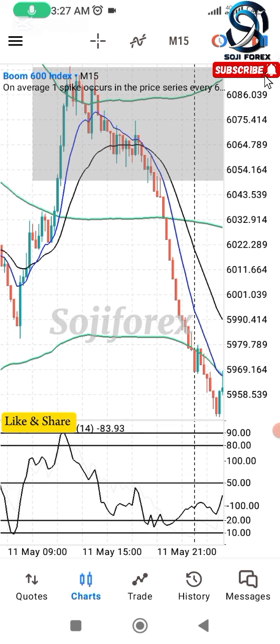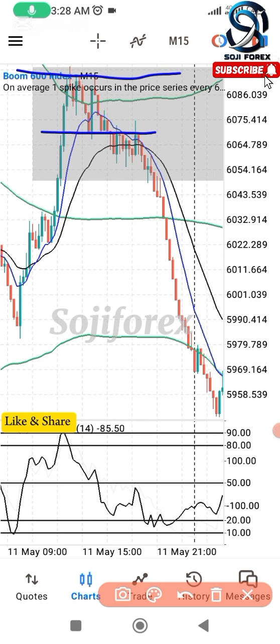Remember I said when price is around the upper Bollinger Band is through the strength, but when you are trading in line with the trend and price pulls back to the upper Bollinger Band on the 15-minute time frame, and that upper Bollinger Band is your point of interest, your order block, or you mark it as any of your points of interest, it means that you are using it as a dynamic support and resistance.